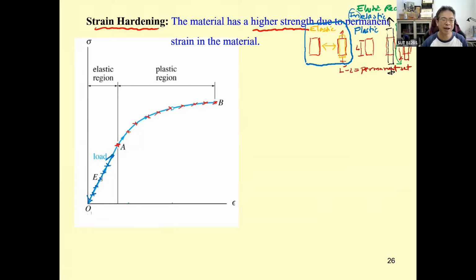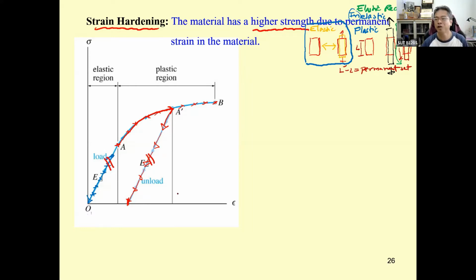Okay, but anyway, you load this one to reach this point only, and then you release the force. When you release the force, the material will return in a different way. It won't return back by this curve, but it returns by the linear elastic behavior, with the same slope.